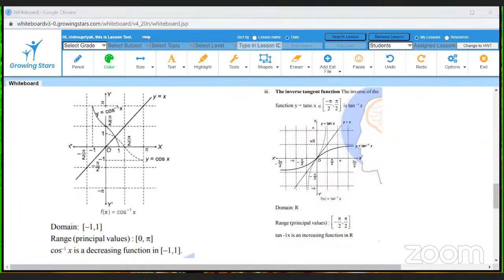How many chapters remaining? Now at present we are in inverse trigonometric functions. We have completed a lot, but we did not complete many also.